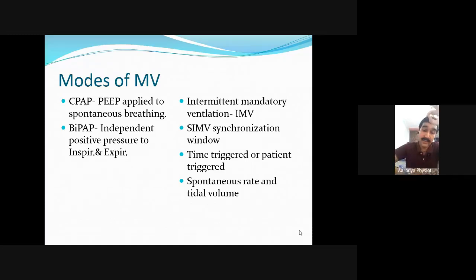There is proteolysis, and the diaphragmatic muscles go into atrophy. So in SIMV mode, as the ventilator is allowing the patient to breathe, it is allowing the diaphragm and other inspiratory muscles to work. So they are not going into muscle disuse atrophy.